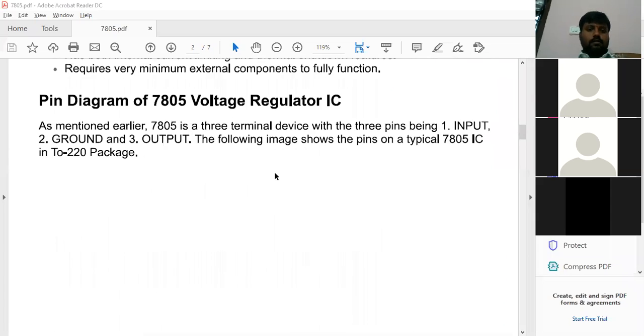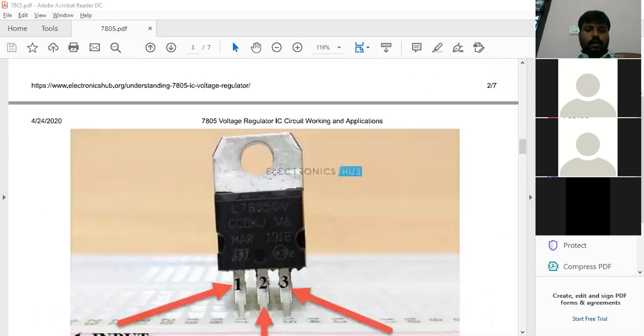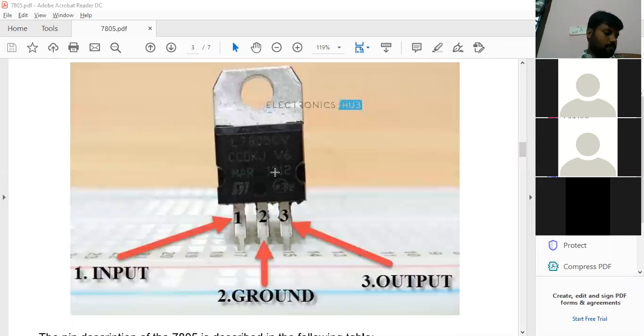Yes. Now coming to this pin diagram. See now. So here it is having three pins. If the number marked on the IC is facing towards you, starting from the left, it is pin number 1, middle one pin number 2, the last one is pin number 3. Okay.